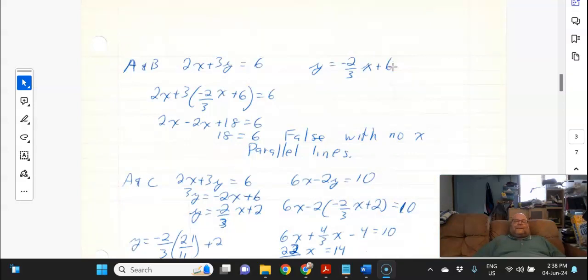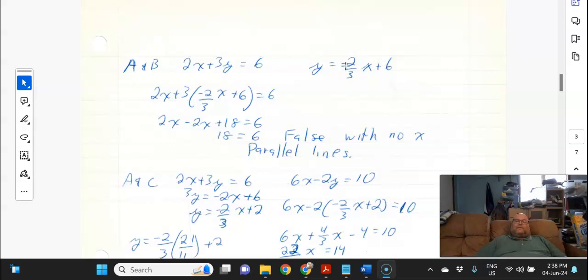So if we try to solve for the point where A and B cross, as we just saw in the graph, we're going to find that they don't. But B is already in the form y equals negative 2/3 x plus 6.